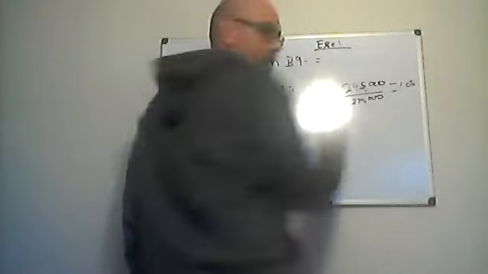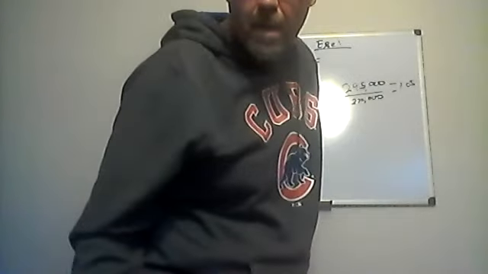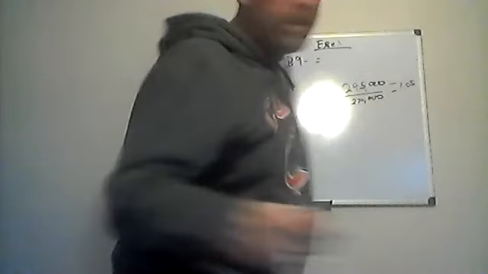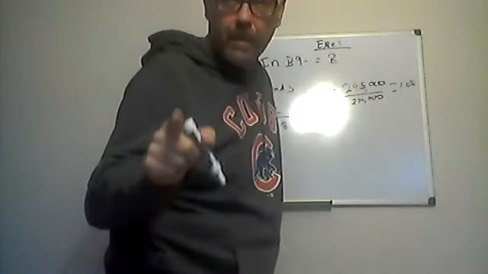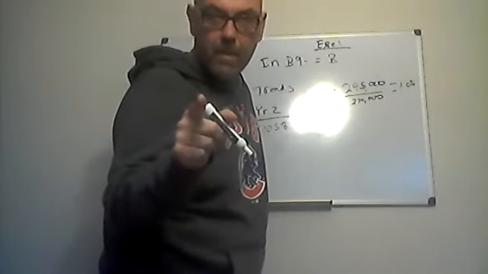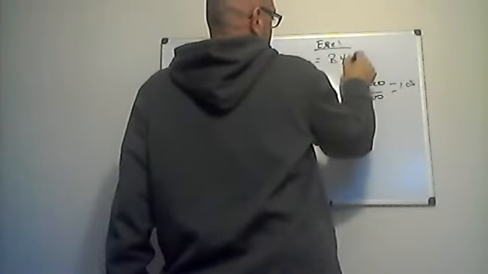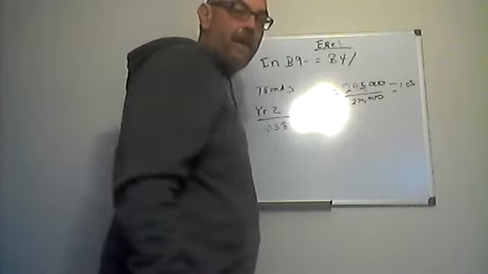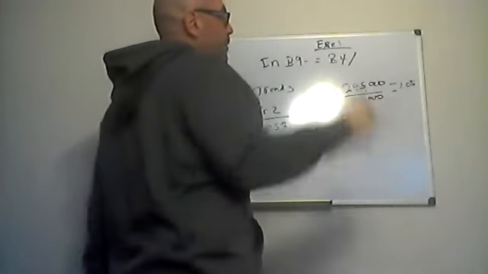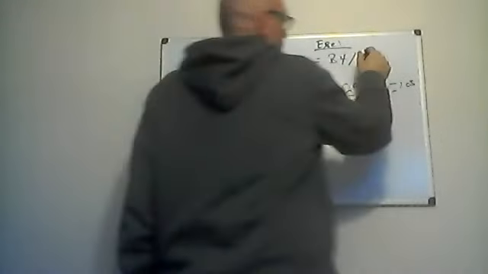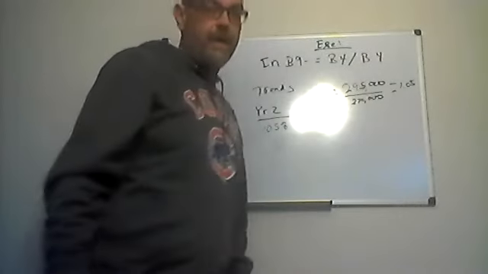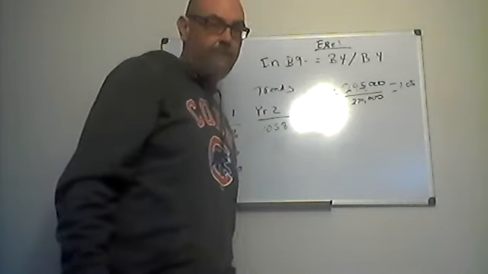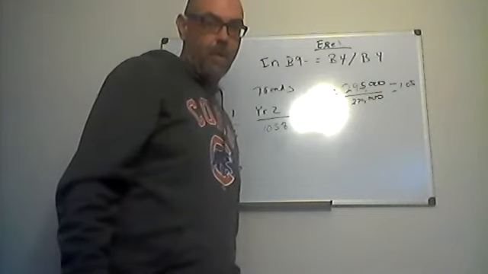You can click on B4 divided by. Then you have to click off B4 and right back onto B4. But before you hit enter, you need to hit F4 on your keyboard, okay?